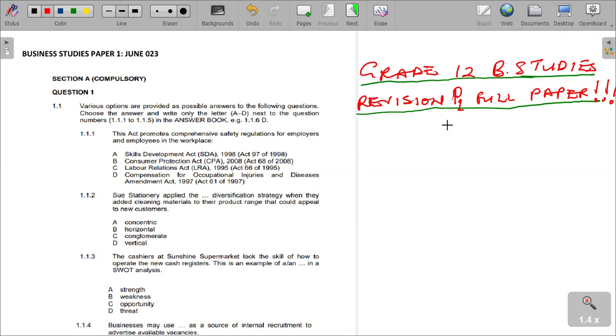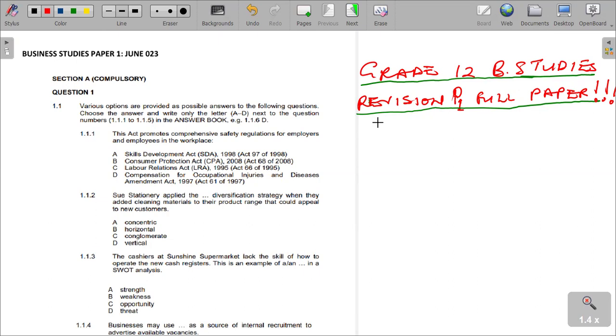I'm going to do business studies today. We are going to do a full paper of business studies, paper 1. I just want to let you know that understanding the instructions per given question, per section, and per whatever part of the question is given is very important.